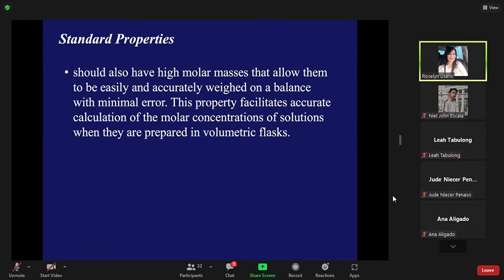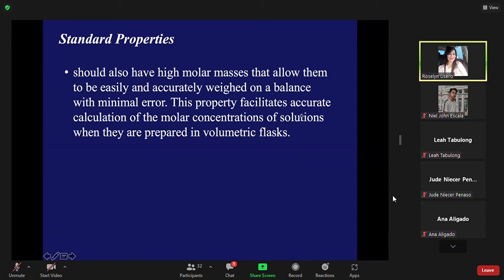It should have a high molar mass so that the weighing is sensitive up to 0.1 milligram, which also means it is more accurate, with minimal error.